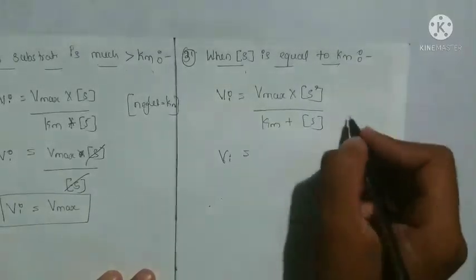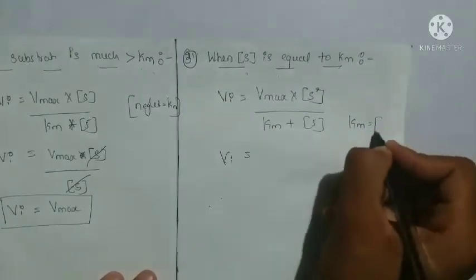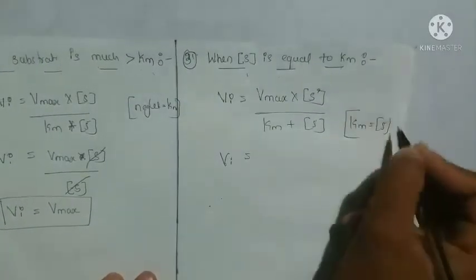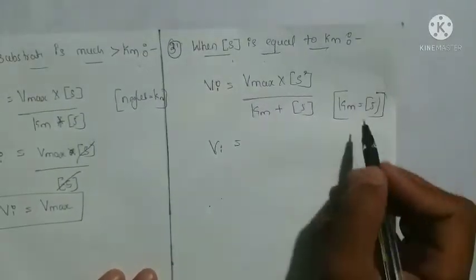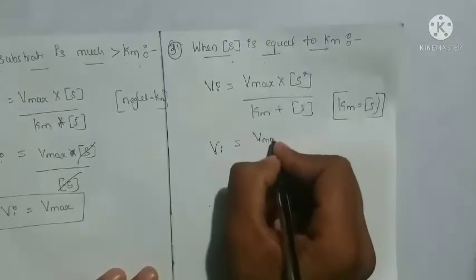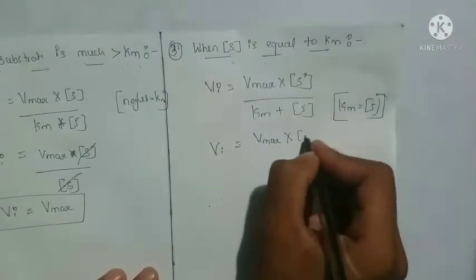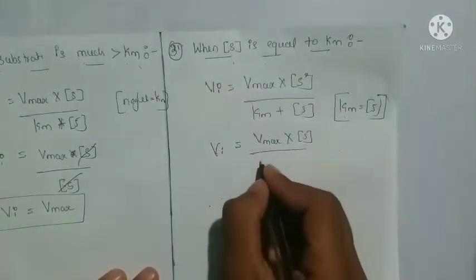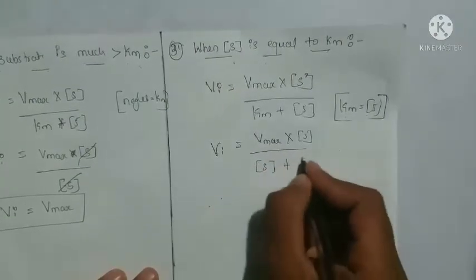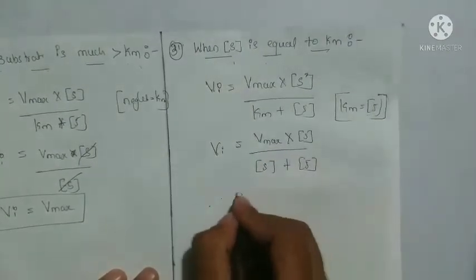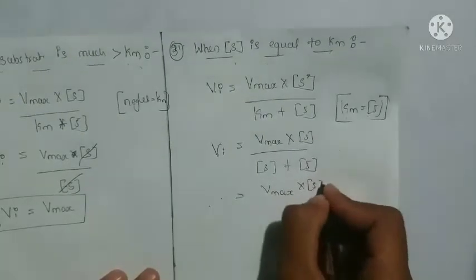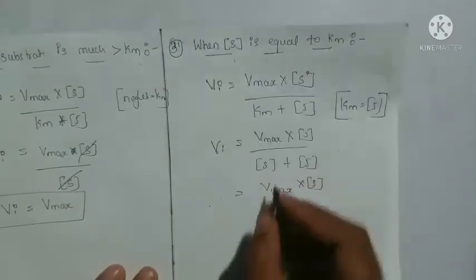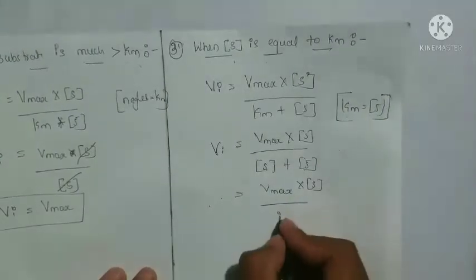First write the Michaelis-Menten equation: V maximum times substrate, divided by Km plus the concentration of substrate. Here the condition is that the substrate equals the Km value, that means Km is equal to substrate. There you can write the equation as V max times the substrate, divided by substrate plus substrate. These are 1 plus 1, that is 2 substrate.